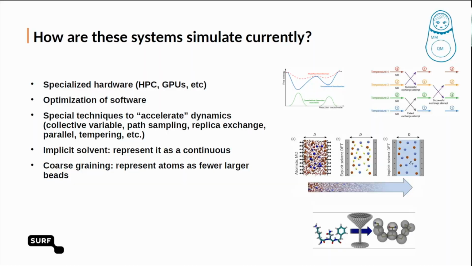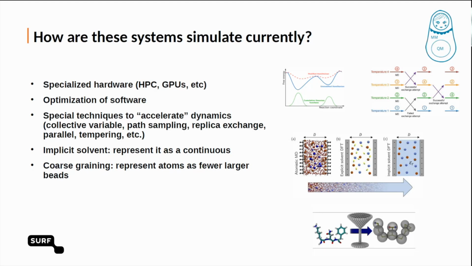If you need to do a reaction that takes a long time, you try to bias the reaction, for example by heating the system or by adding energy potential biases that you take away afterwards. So there are a lot of really good techniques to accelerate the dynamics while still retrieving some physics out of it. You can also use implicit solvents, so you basically say, I won't care about the interactions with the water, I'm just going to take it as a continuum.